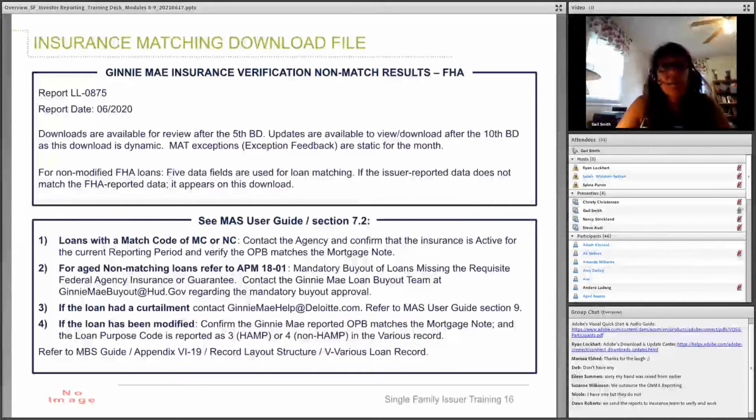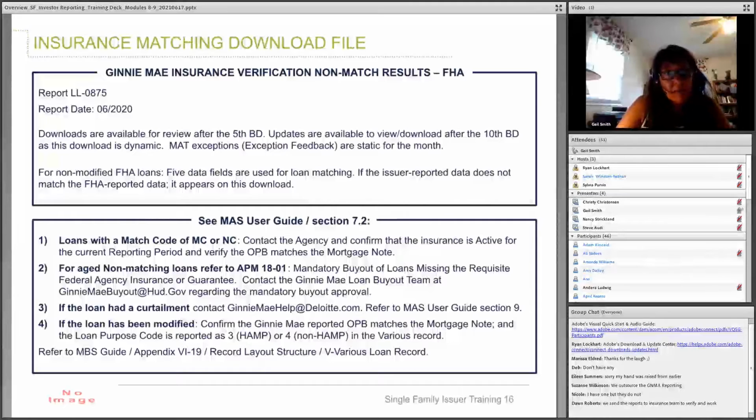And just so you know, the non-matching downloads are dynamic. So if you make corrections and we run our second match, those loans that have been corrected will drop off your download. For the MAT exceptions, they are static for the month and they will not clear until the next reporting period.